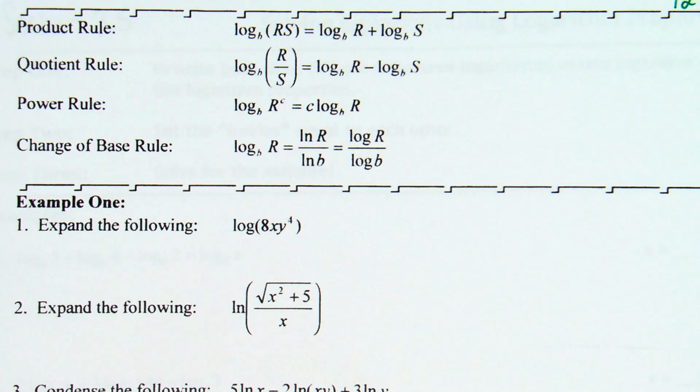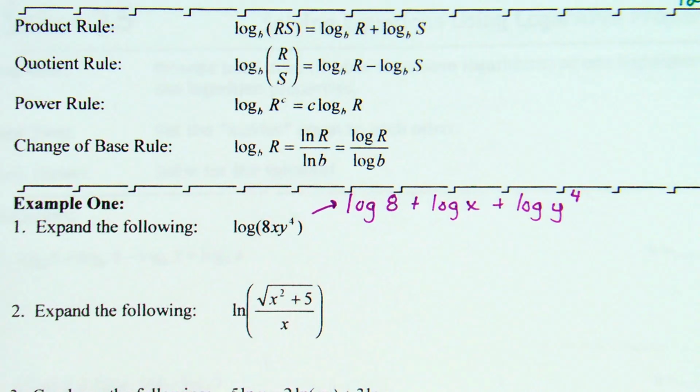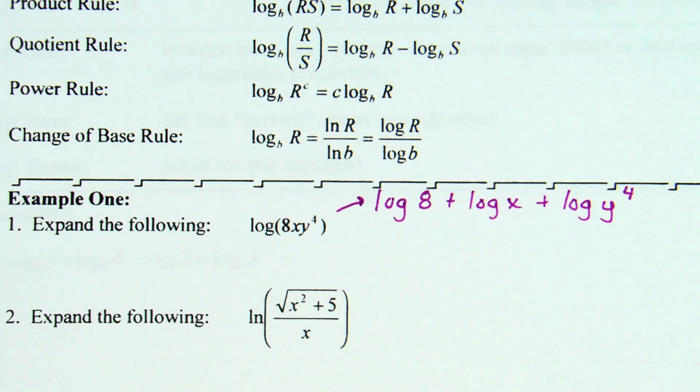And then we're going to take another step. So I'm going to write this of log of 8 plus log of x plus log of y to the 4th. What other property can I use here?